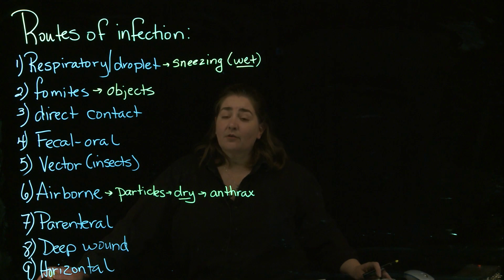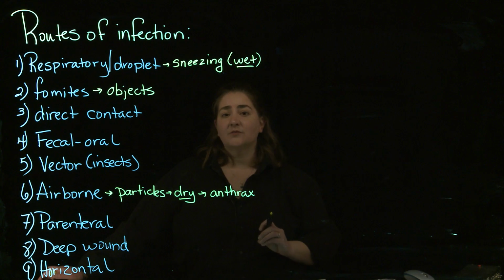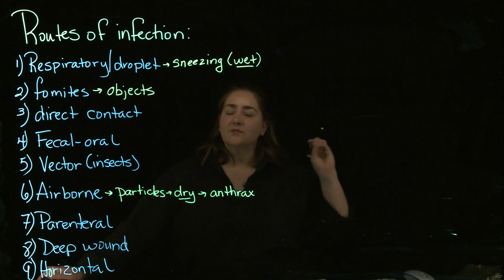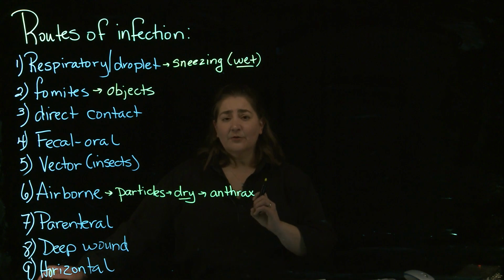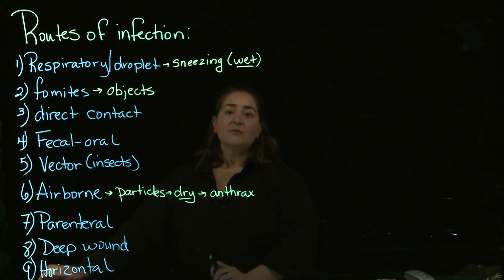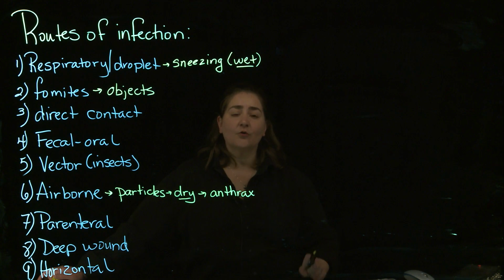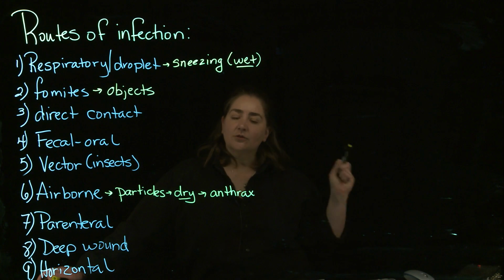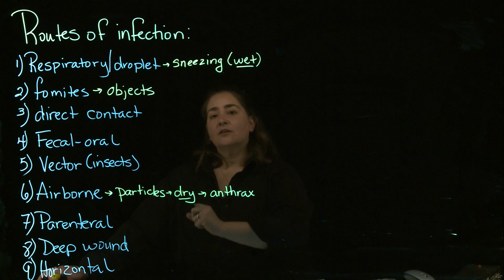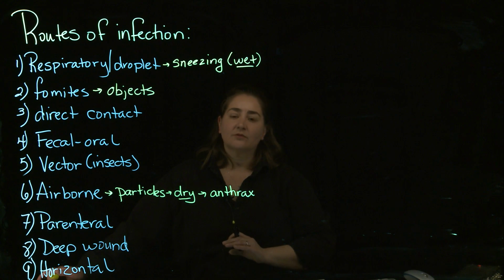Because when you're working around known infectious materials, you don't want to transfer that infectious material to an object and then off of that object transfer it somewhere else, okay? In the case of the cell phone in microlab, you transmit that strep pyogenes to your cell phone, you bring your cell phone home, your 2-year-old decides, hey, cell phone, let me put it in my mouth. You've then just resulted in a mode of transmission that allows your child to end up with strep throat, okay?